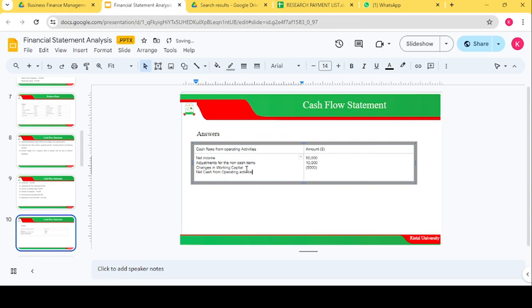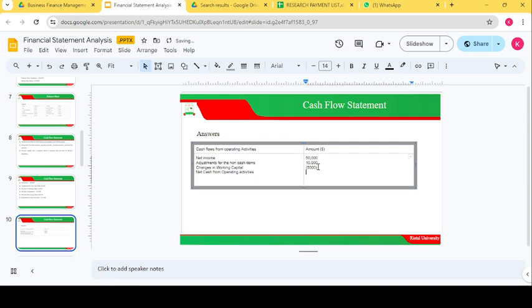When we add 50,000 plus 10,000 minus 5,000, it will give us 55,000. So our net cash from operating activities is 55,000.